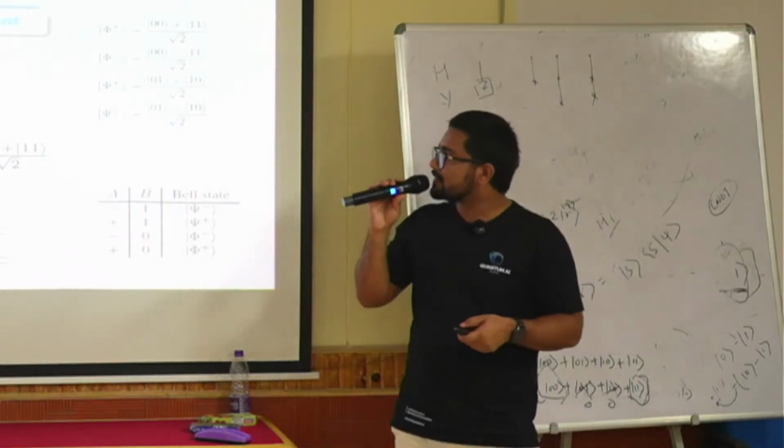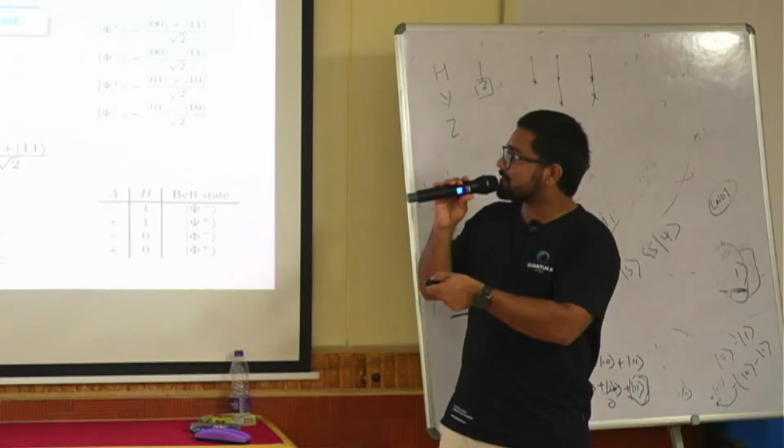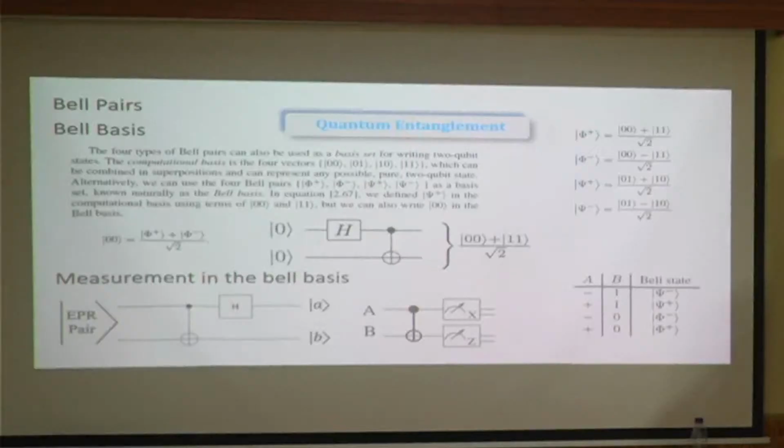We have the computational basis for 2 qubits, and you apply a CNOT gate and one more Hadamard gate, and then X and Z gate operators, and you will get a Bell state measurement and some results. That's how it is done in quantum computation.